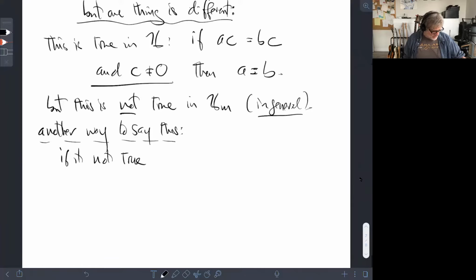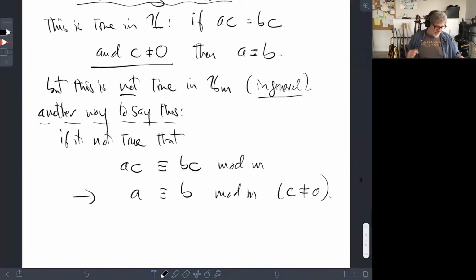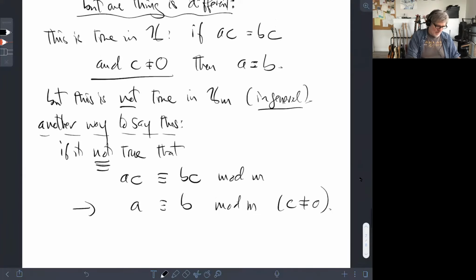It is not true that AC congruent to BC mod M implies A congruent to B mod M with C not equal to 0. Even if C is not equal to 0, it is not true.